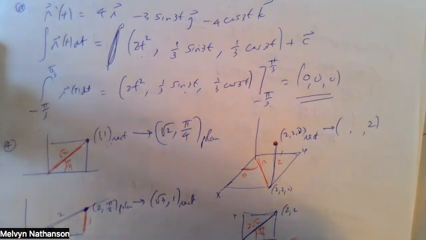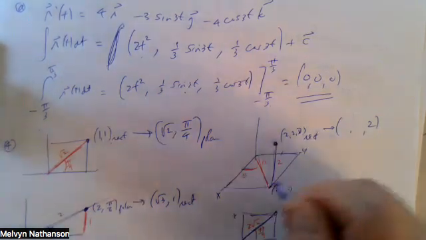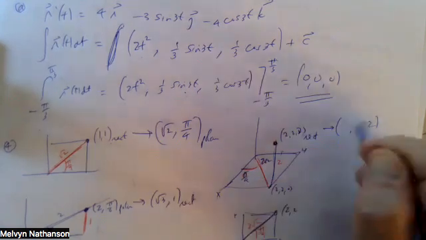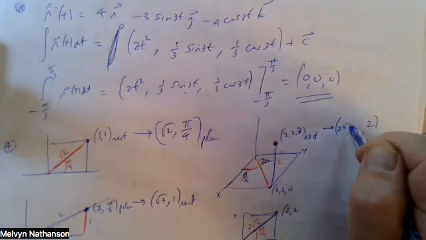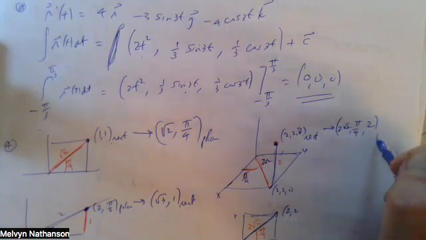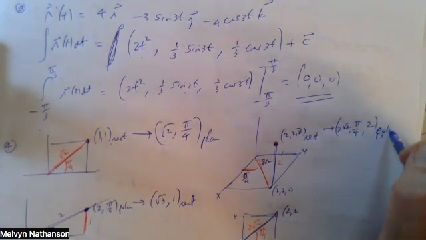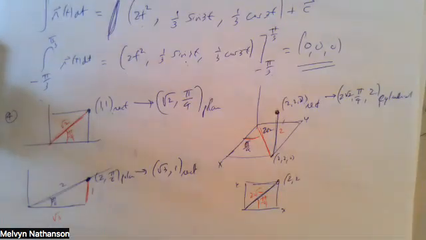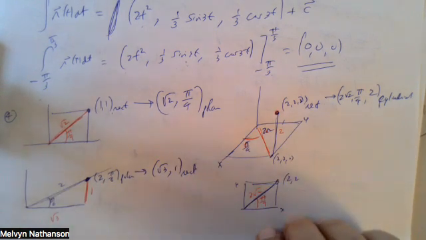This is 2 root 2. So this is 2 root 2, pi over 4, 2. Those are the cylindrical coordinates. Any questions about that?